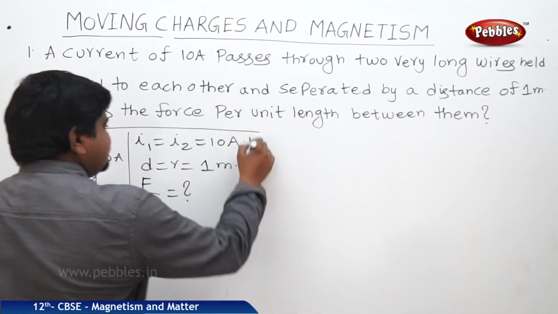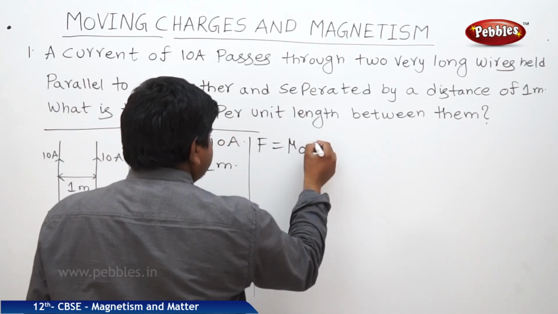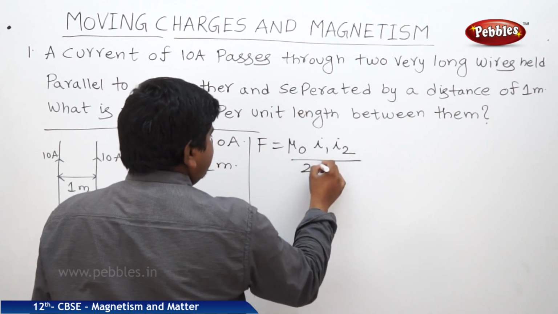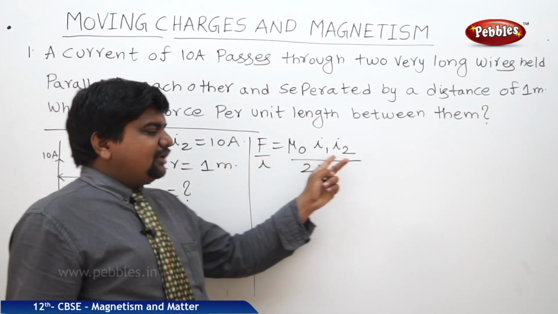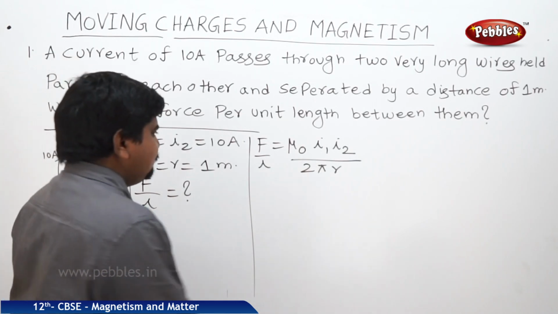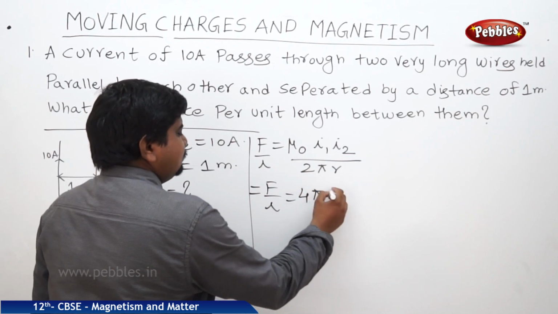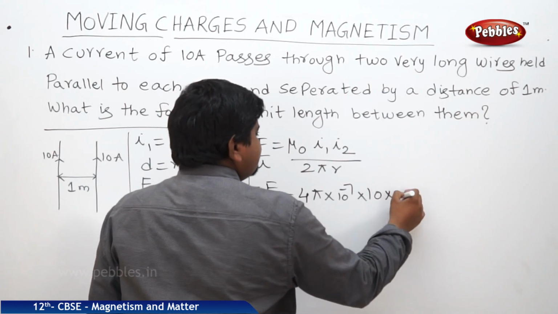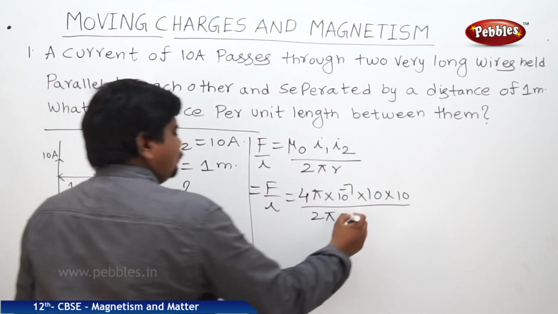The actual formula is F is equal to mu naught I1 I2 L by 2 pi R. So force per unit length, F by L, is mu naught I1 I2 by 2 pi R. Mu naught is 4 pi into 10 to the power of minus 7, I1 is 10 amperes, I2 is 10 amperes, whole divided by 2 pi R, R is 1 meter.